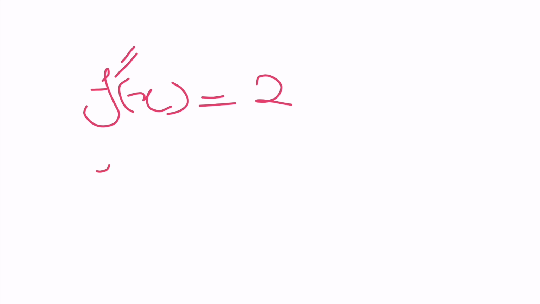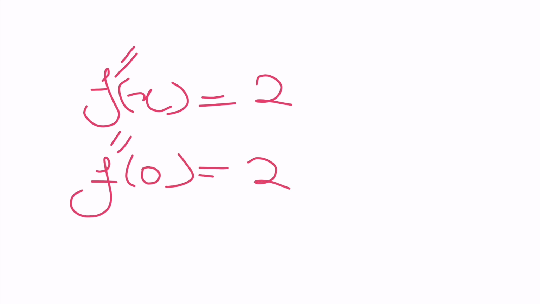Now if we substitute 0 in this second derivative, it is equal to 2. Means the second derivative at x equal to 0 is greater than 0. So x equal to 0 is a relative minima of the given function.